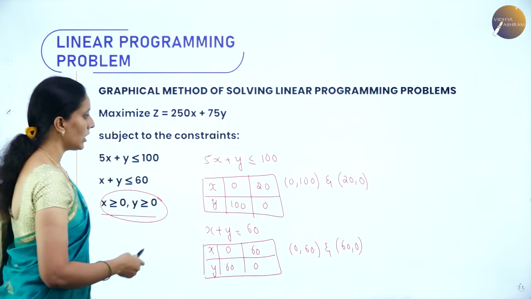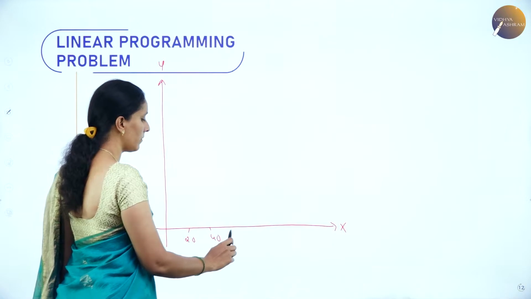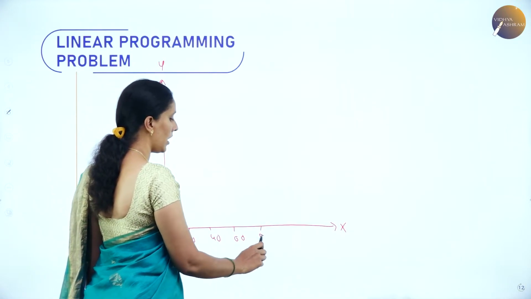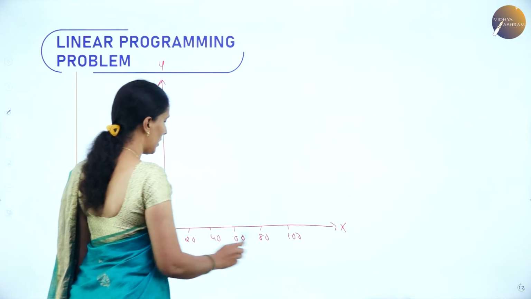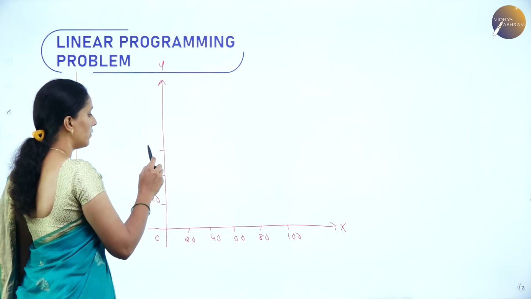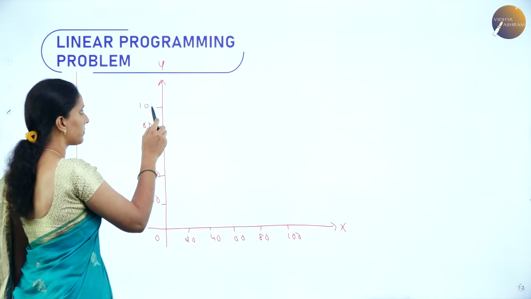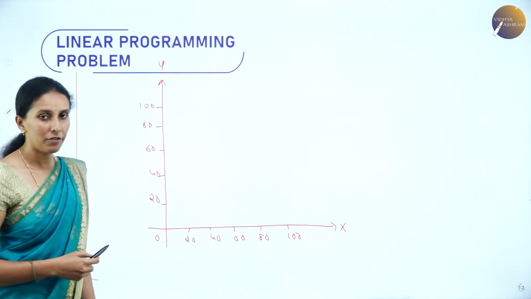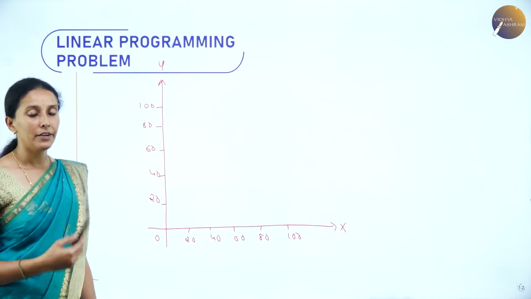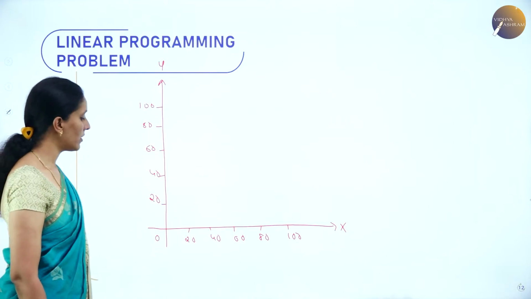Here I'll take the values 20, 40, 60, 80, 100, and here also I can take 20, 40, 60, 80, 100. We can also take 10, 20, 30, 40, 50.